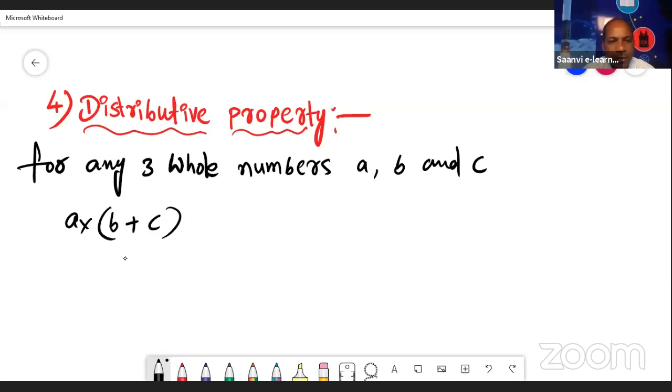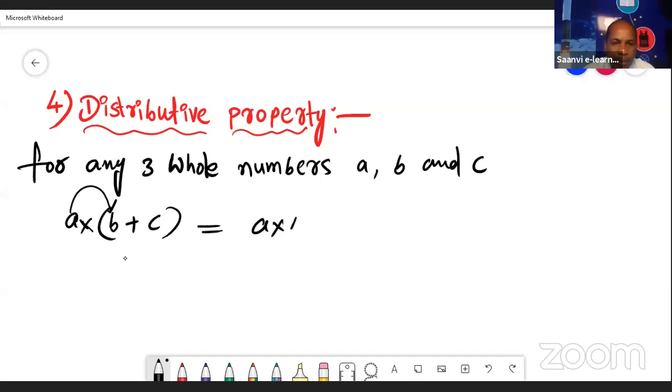Here see, addition is there and multiplication is there at a time. Okay, addition and multiplication. So the first whole number A we are multiplying with B plus C. It means A into (B + C) is equal to, nothing but this whole number A we have to multiply once with B and next multiply once with C. So first of all this whole number A multiplied with B, what we get here?